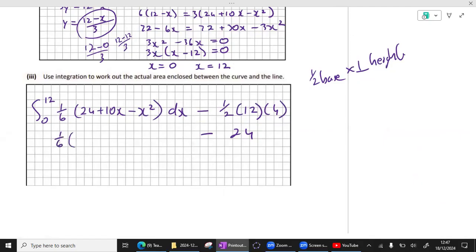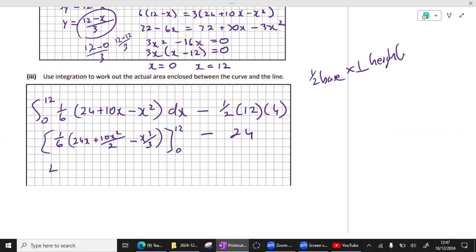So this is going to become 24x plus 10x squared over 2 minus x cubed over 3. And of course, all of this is going to be between 0 and 12. So let's see, we might multiply in the 6th. Actually, it might make it a little bit easier.